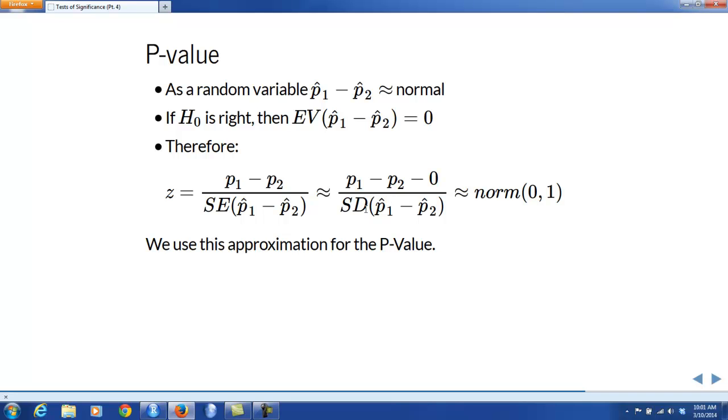So you've standardized it. Since P1 hat minus P2 hat was approximately normal, when you standardize it, you're going to get approximately the standard normal random variable, the one with mean 0 and standard deviation 1. So that's why we're going to use a standard normal random variable to come up with approximations for the p-value in this test.